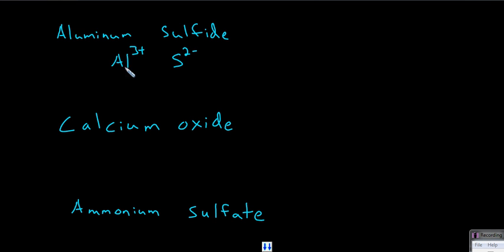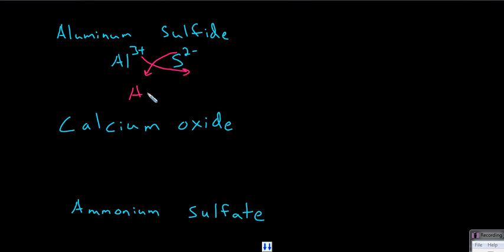Considering that the charges of these ions must combine in a way so that there is no overall charge left, so that all charge is neutralized, that means we can do a crisscross here.